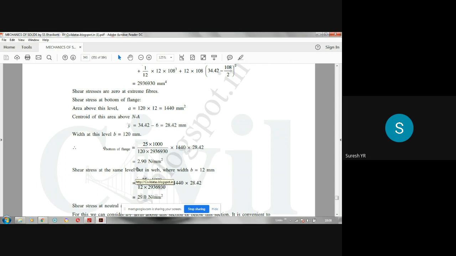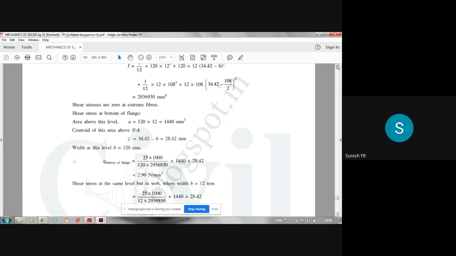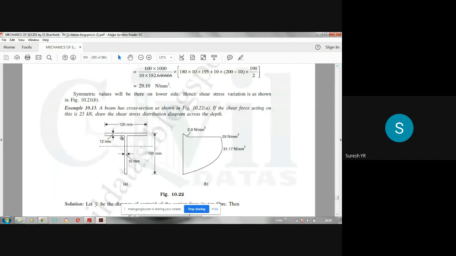So for flange it is 120, for web it is 12. If you put 12 there, naturally you will get 10 times more. It is 2.9, it is 29. So you are getting two values of shear stress at this junction. First we take flange width, then web width. Remaining things are the same. Only the B value changes when calculating shear stress at the junction of flange and web. So you have two values, 2.9 and 29.